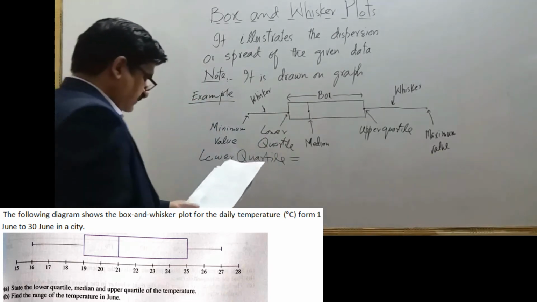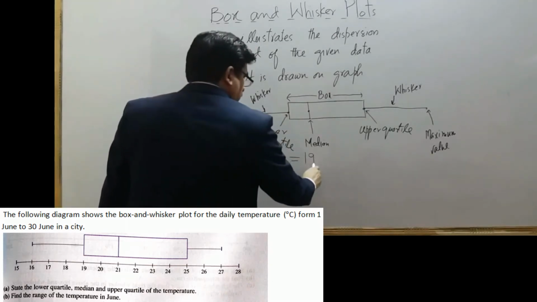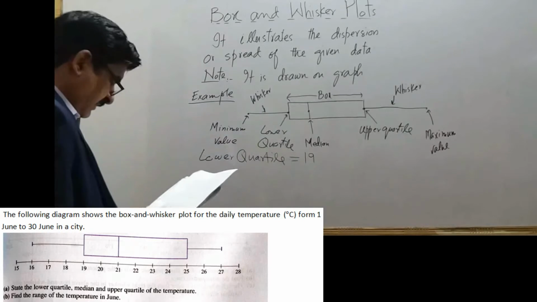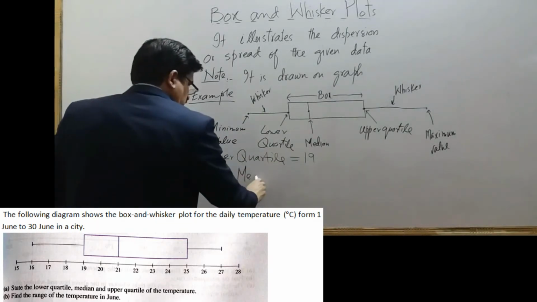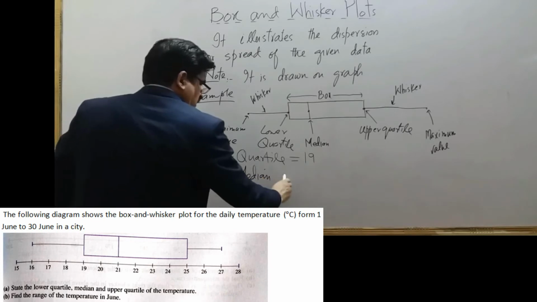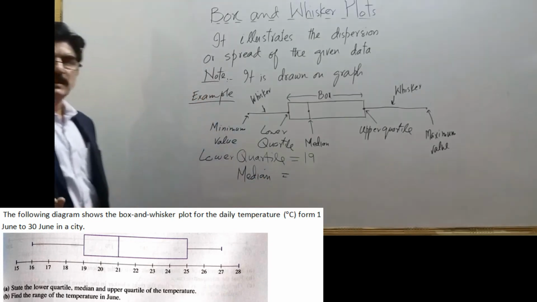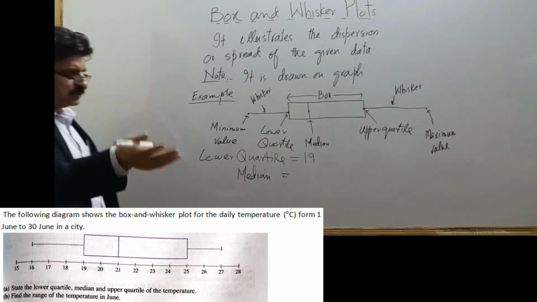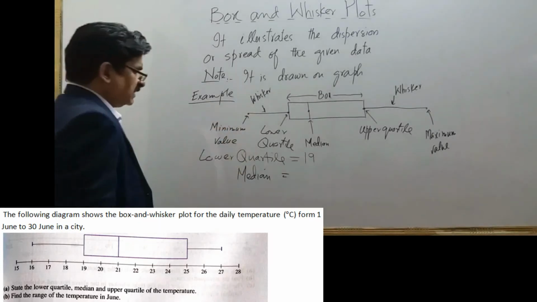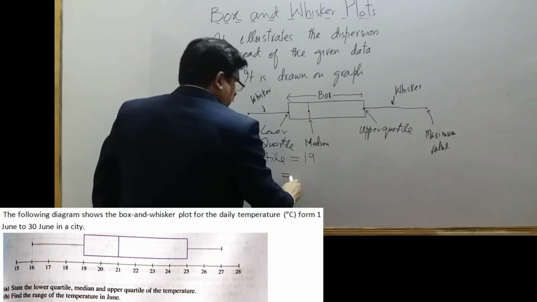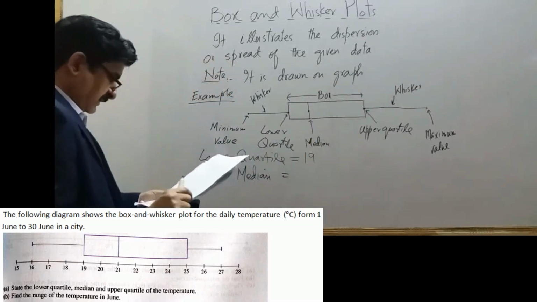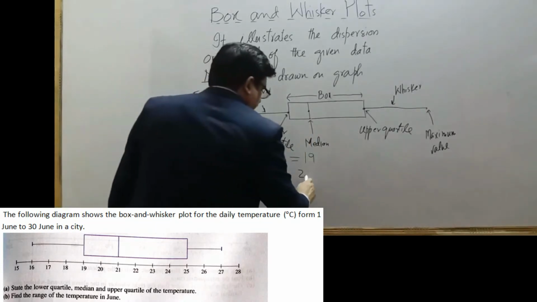See the diagram, this is 19. Lower quartile, then median and upper quartile. Now what is median? As you know, median divides the whole data into two halves or 50%. So median is this value. You can see from the diagram that median is 21.